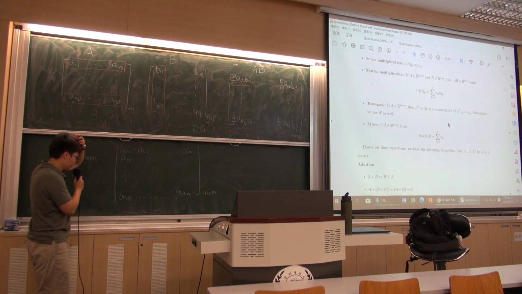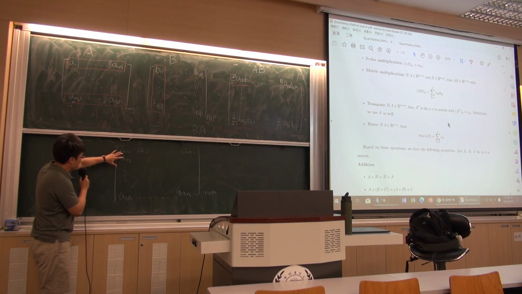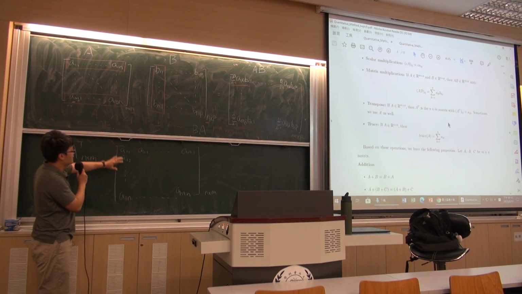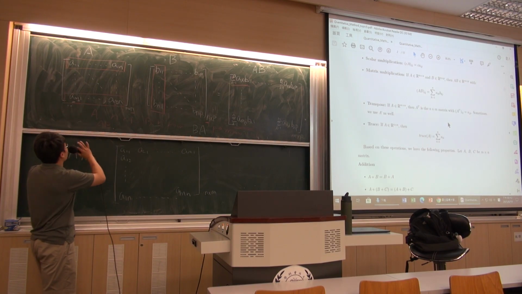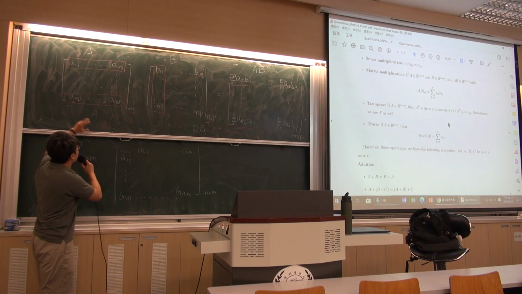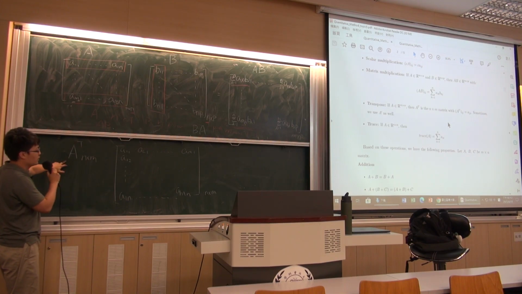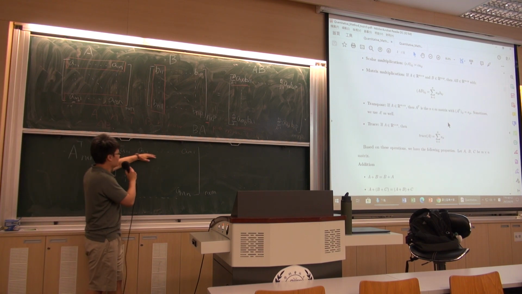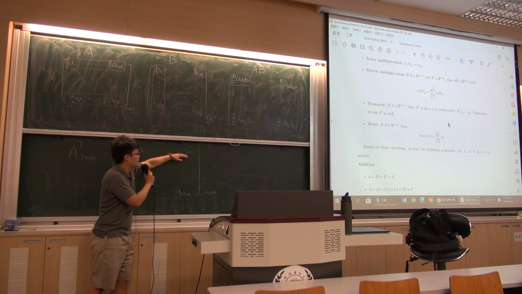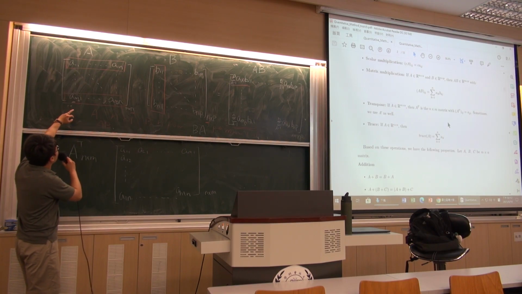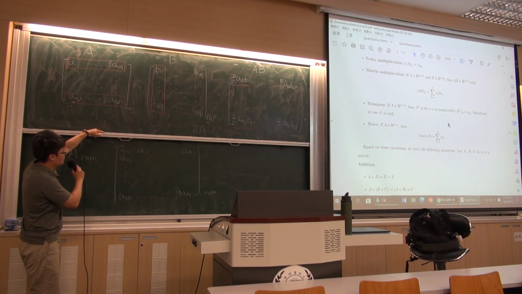So it's like we totally flip it. The first column will become the first row of the transposed matrix. You can see that originally this is the first column, now it becomes the first row. Of course, the second column will become the second row.